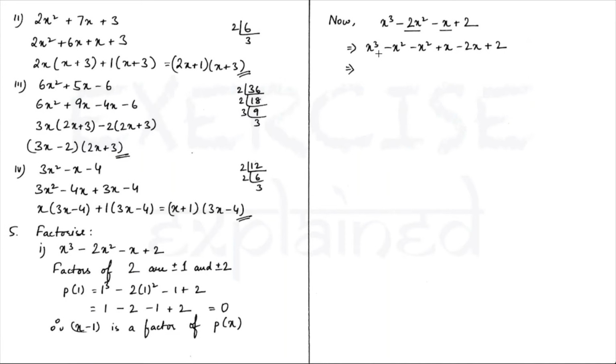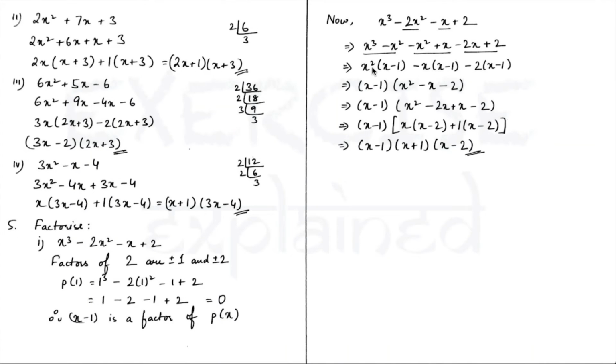So out of the first two terms I take x square common, and what we get is x minus 1. From the next two terms I take x common and we get x minus 1, and from the next two terms we take minus 2 common and we get again x minus 1. So x minus 1 is common from all three terms. I take in bracket x square minus x minus 2.